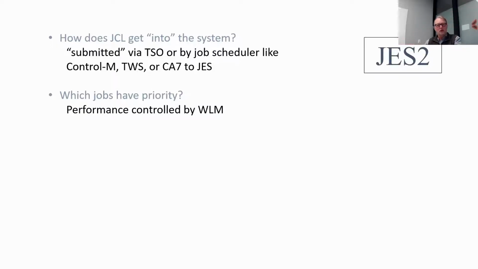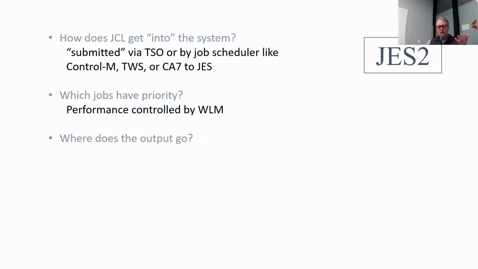Instead, I'm going to run this other one which is ready to run because it has everything it needs. In addition, you can say this program is a payroll program, so it's more important than somebody creating a listing of something, so I'm going to run the payroll program over the other. There's a science and an art to setting up workload managers so that your batch work runs the way you want it to run.